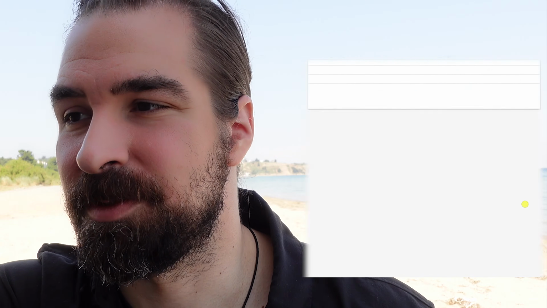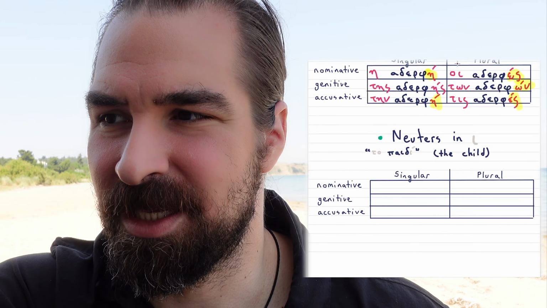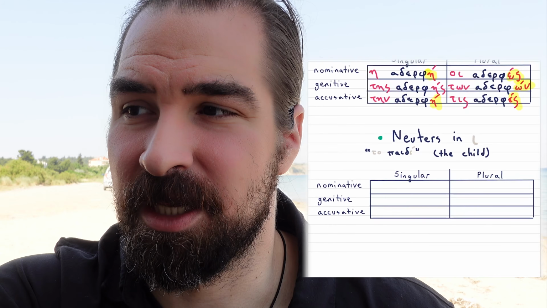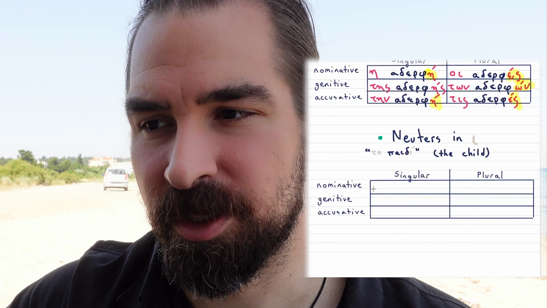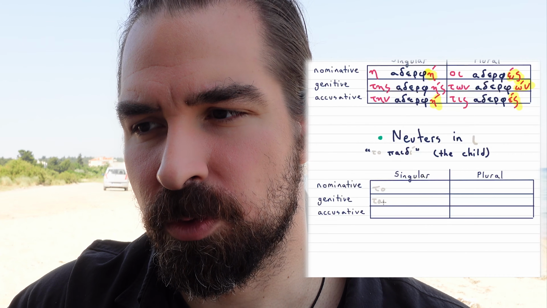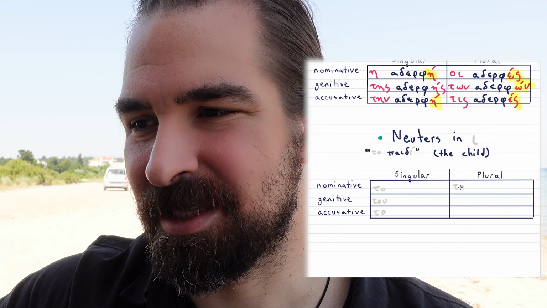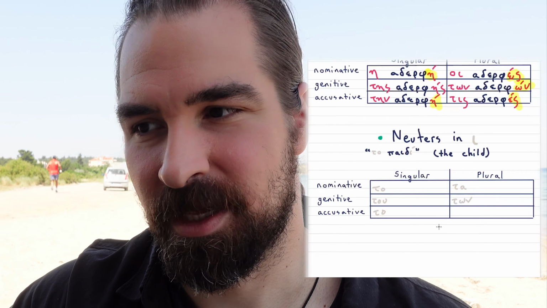Let's move on to neuters. A very common neuter ending is iota. Many neuters end in iota. Let's fill out quickly the definite article here. We have to, tou, to, ta, ton, and ta.